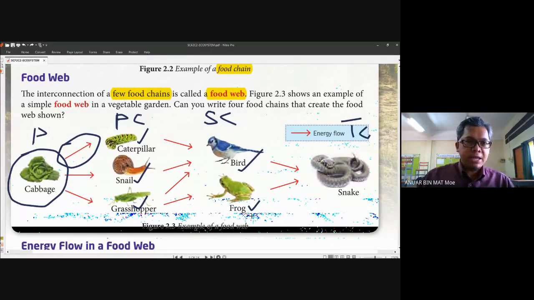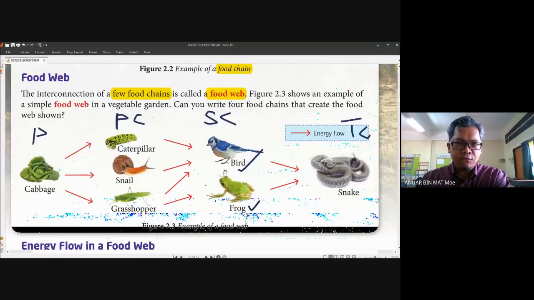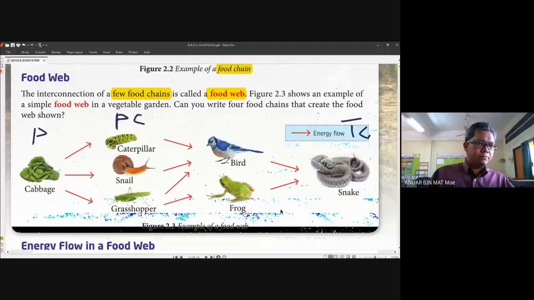Okay, class. Based on the picture here, I want to ask you something. How many food chains are in this food web? Maybe the question will ask you, how many food chains here? Food web means the whole set of organisms here.